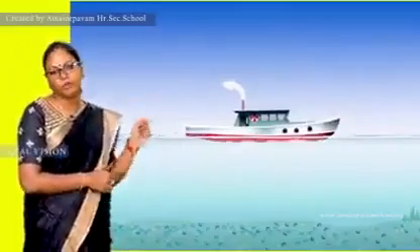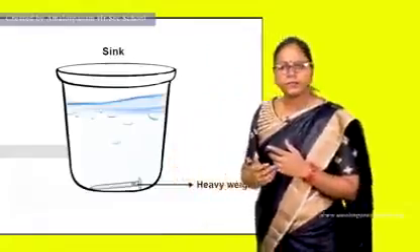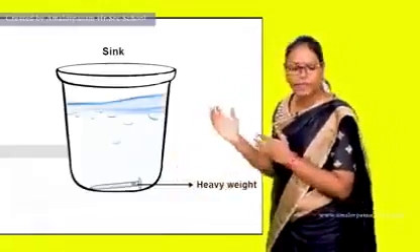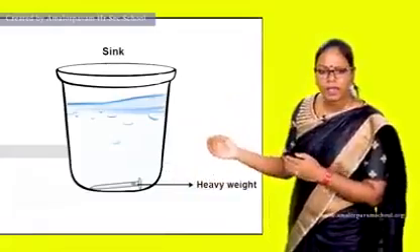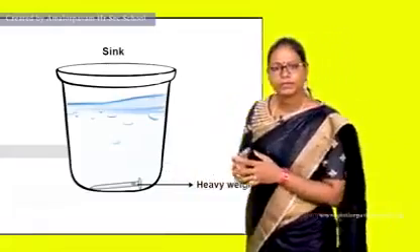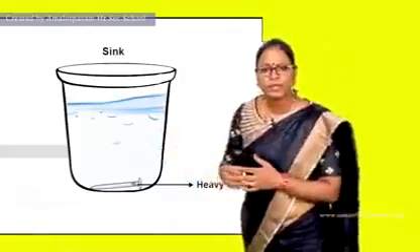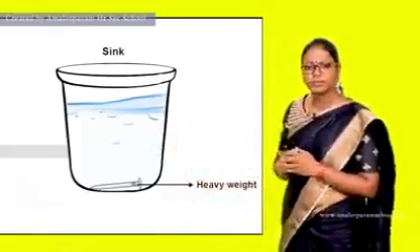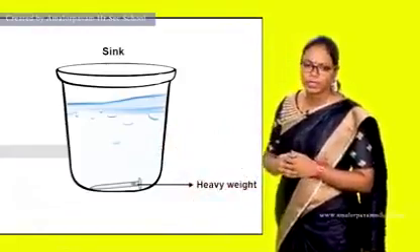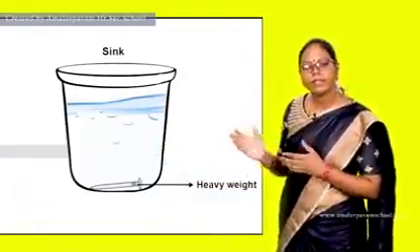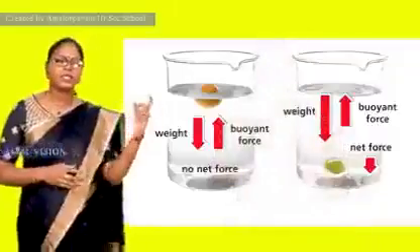Hence, it floats. Another example is an iron nail. See here, the iron nail is compact, so the weight of water displaced by it is much less than its own weight. Hence, it sinks.